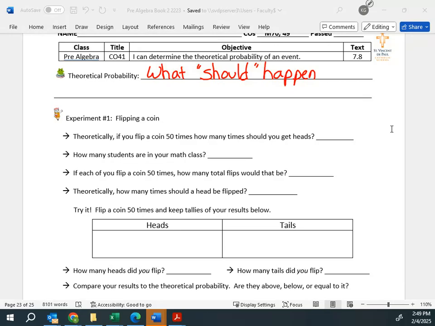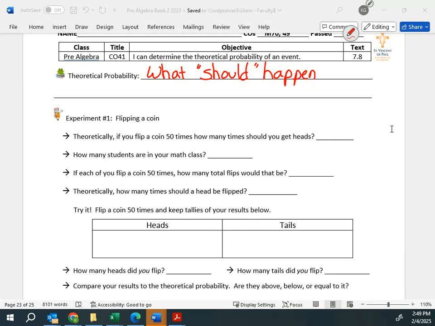So let's say we are going to flip a coin. When we flip a coin, we're going to say how many times theoretically we should land on heads or land on tails. So if you flip a coin 50 times, how many times should you get heads?